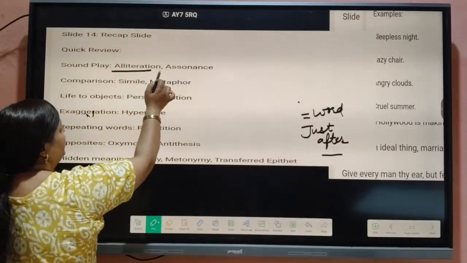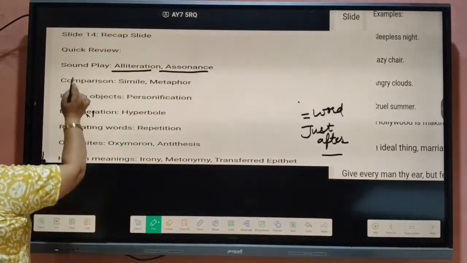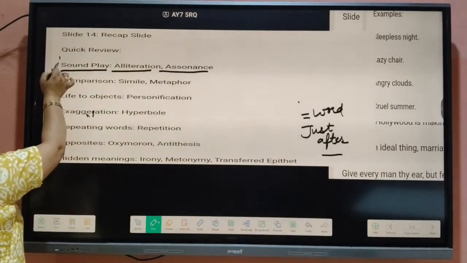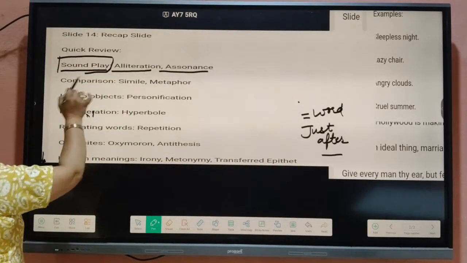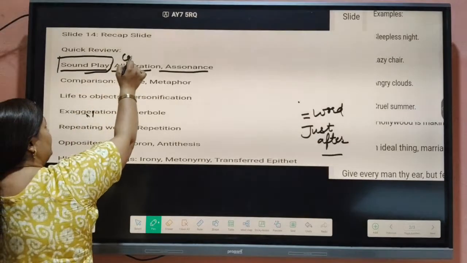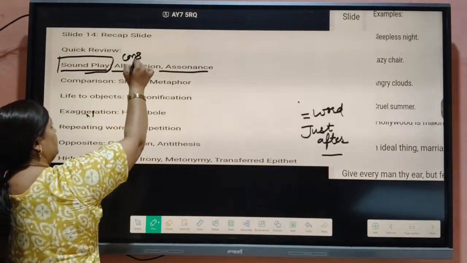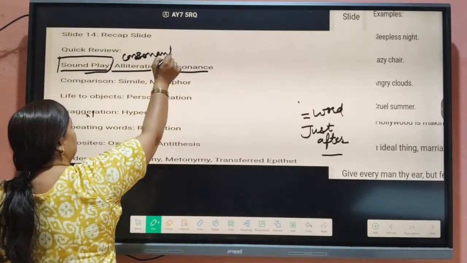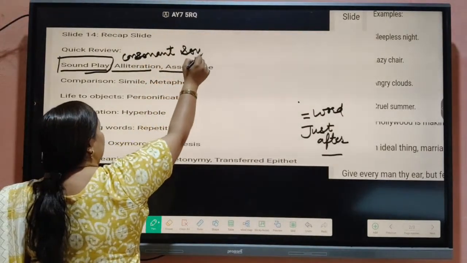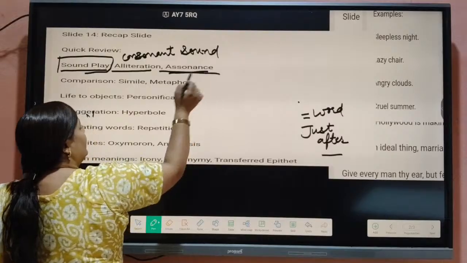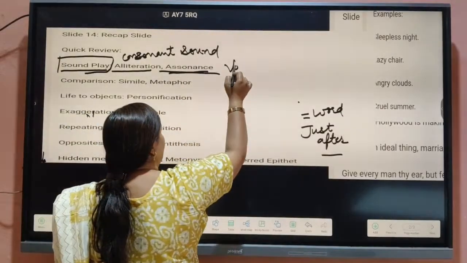In alliteration and assonance, we use sound. Sound plays an important role. In alliteration, consonant sound is repeated, and in assonance, vowel sound.